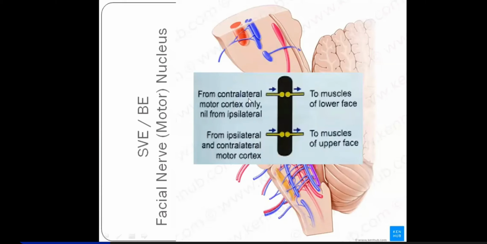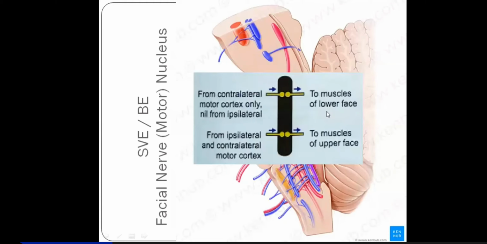While the fibers from only the contralateral cerebral hemisphere, the motor cortex, area number 4, that is the precentral gyrus, descend down into the facial nerve nucleus, but only the contralateral nucleus. These lower motor neurons will supply only the lower part of the face. Got it?